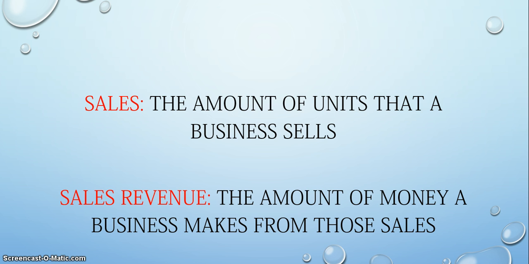Sales revenue is the amount of money that you make from that sales. So you say, right, my sales last month were 500 units and my sales revenue was £1,000. So that means it must have been £2 per unit, because you sold 500, you made £1,000. So sales is the units, sales revenue is in terms of pounds, how much you've actually made from those sales.